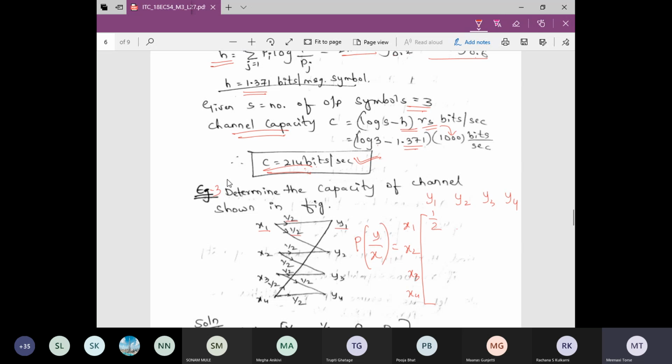x1 to y2 value is 1 by 2. We do not have connections from x1 to y3 and x1 to y4, so the value is 0. x2 to y2 is 1 by 2, x2 to y3 is 1 by 2, others 0. x3 to y3 is 1 by 2, x3 to y4 is 1 by 2. x4 to y4 is 1 by 2, x4 to y1 is 1 by 2.